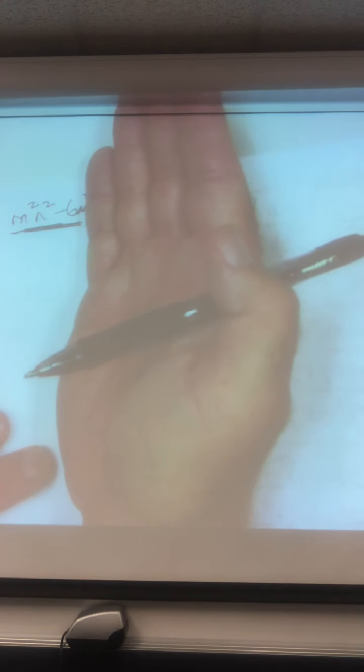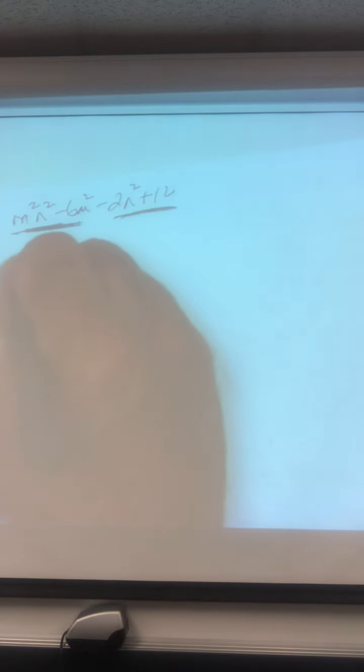So if I look at the first two terms, m squared n squared minus 6m squared. There's no number, but m squared divides into both. So m squared into m squared n squared is n squared, minus m squared into 6m squared leaves 6. Minus, because that's a minus.